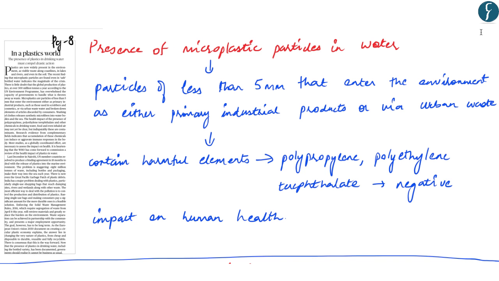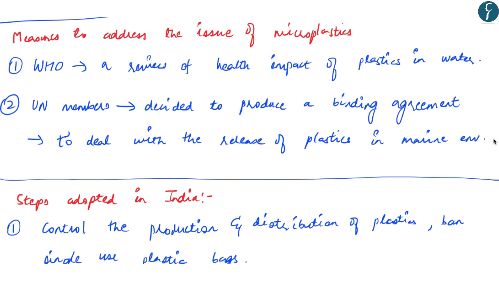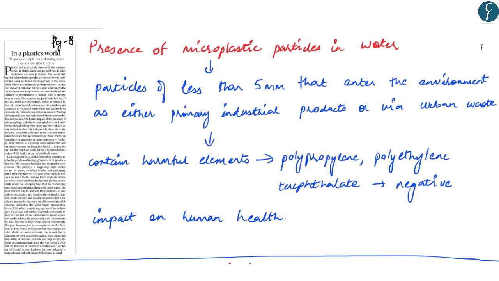So with the help of this article, we have understood about microplastic particles, about the impact of plastics on the environment, including the creation of trash vortexes, and what steps have been adopted at the global level as well as in India in order to address the problem of plastics. With this, we will move on to the next article.